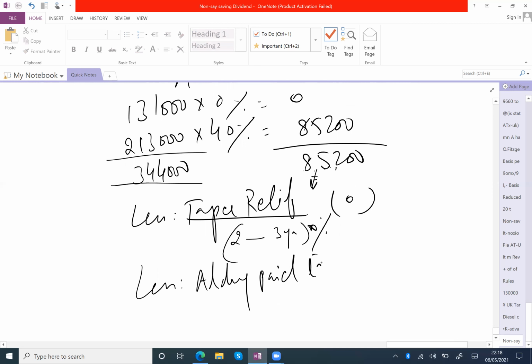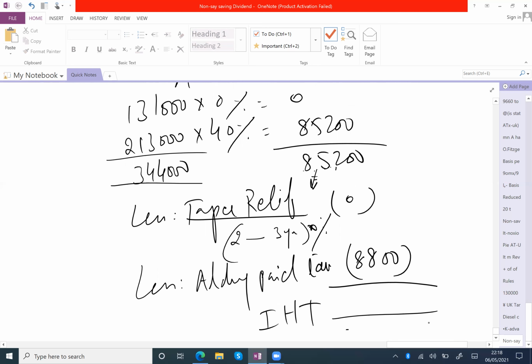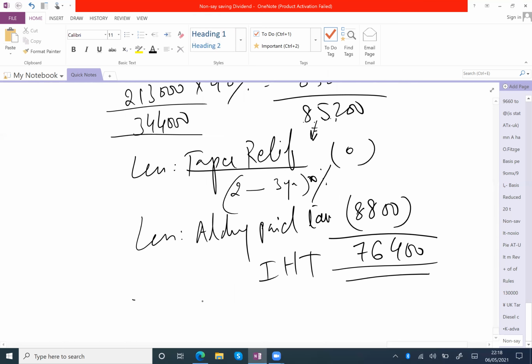How much tax did you already pay in lifetime on this CLT? 8,800. So what is the IHT payable at the time of death? 76,400. So that's it. That is the concept of fall in value relief. So the topic is complete, IHT complete.